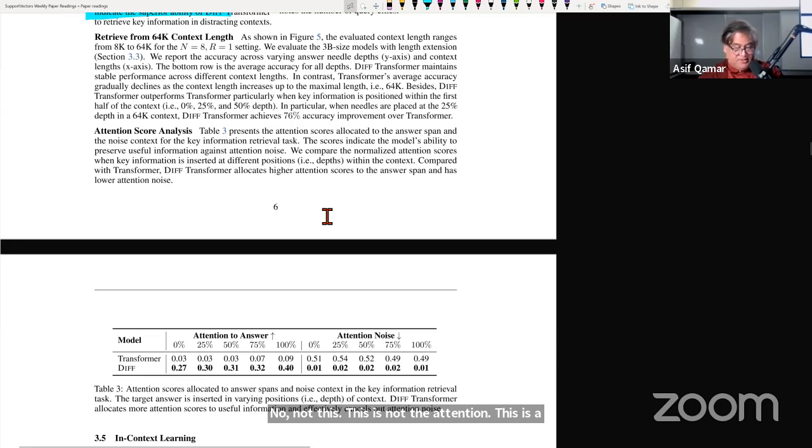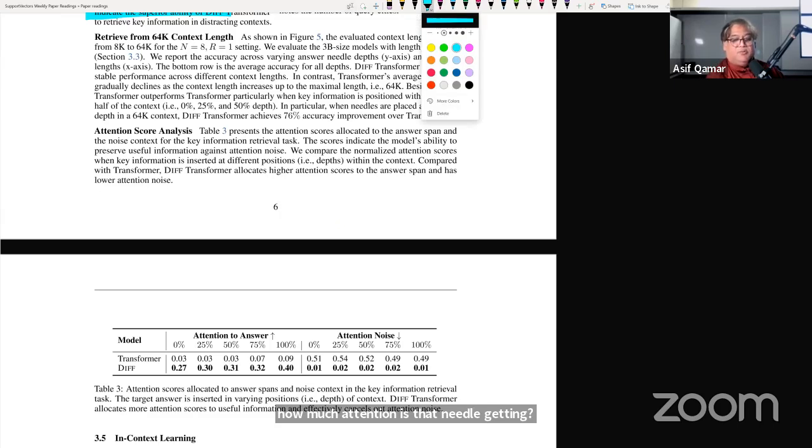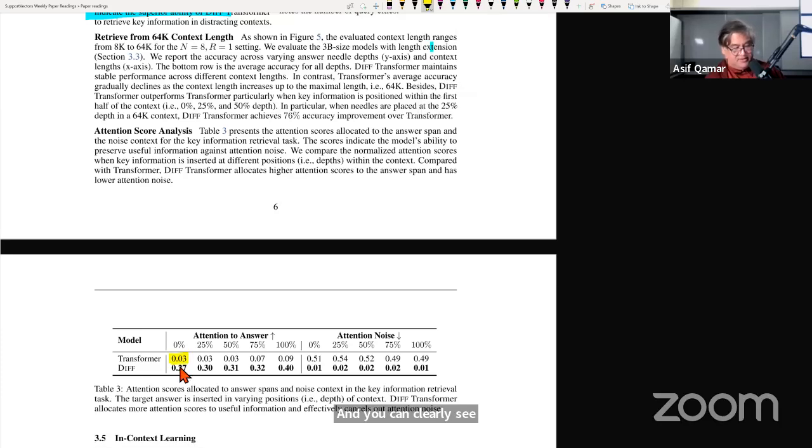Attention score allocation to answer spans and noise context in the key information retrieval task. The target answer is inserted in varying positions. So the question is, if you put that needle again at those different 5 places, how much attention is that needle getting? And you can clearly see, and that was the whole point of this paper, that look at this.